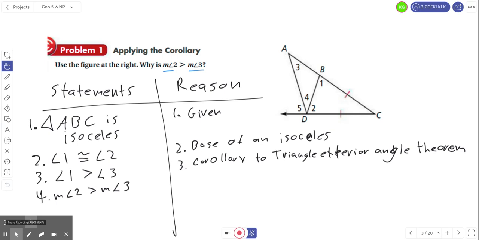We are writing inequalities and angle symbols now, so it's important that your angle symbols really kind of look like an L, and your inequalities look like that. They're pretty similar looking, so be careful with those. And my reason for number 4 is the substitution property of equality.